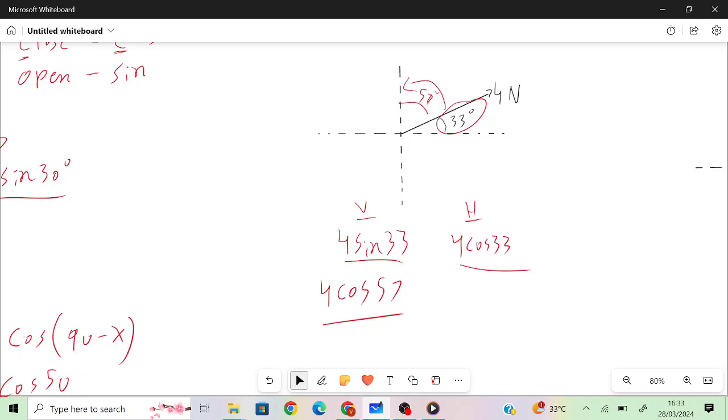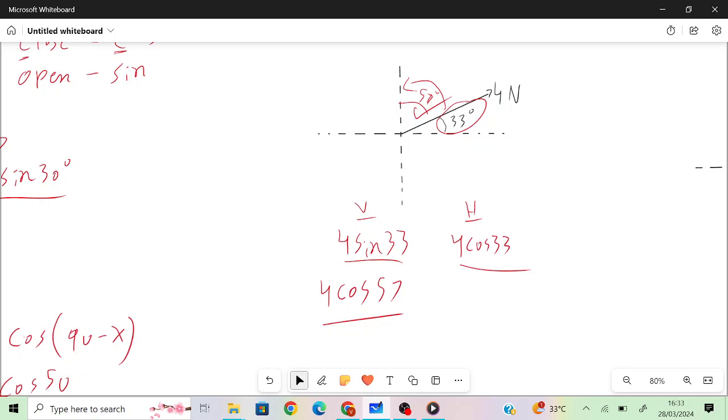The 57 you got is absolutely correct, but derived from the fact that 90 minus 33 would give you that angle. And the questions sometimes don't want you to manipulate the angles in them. They want to see how you would solve it with what you have. And in this case, you have 33 degrees.